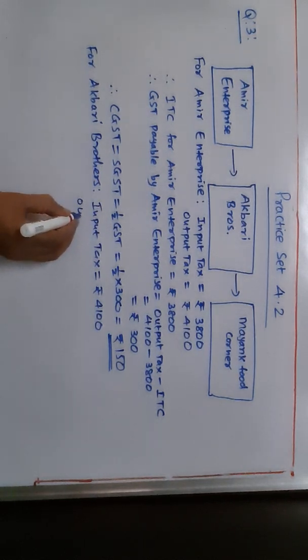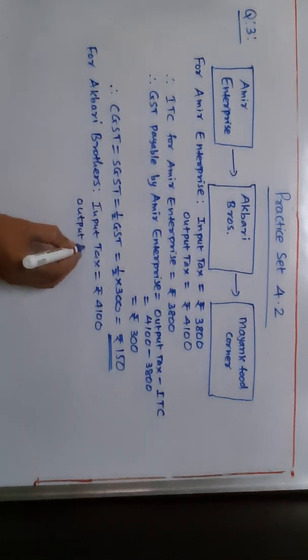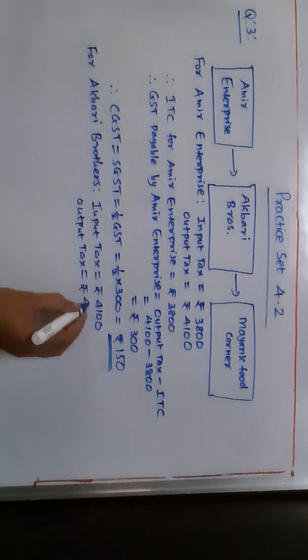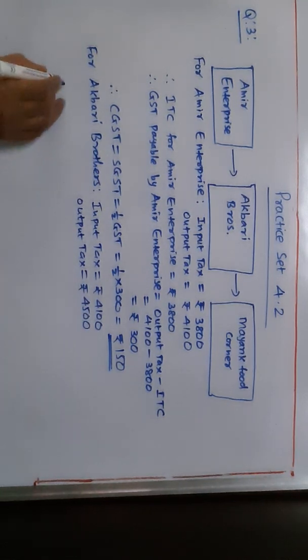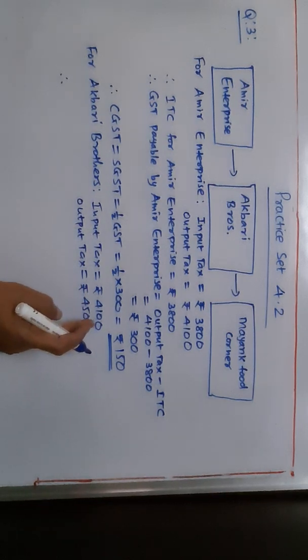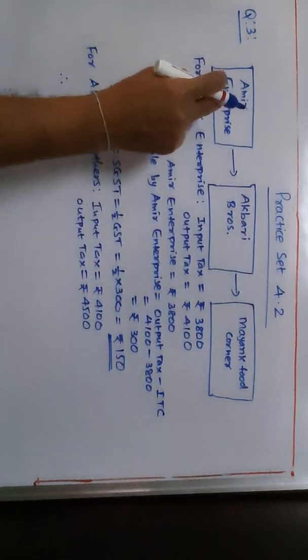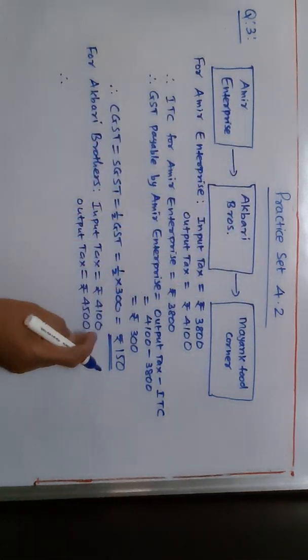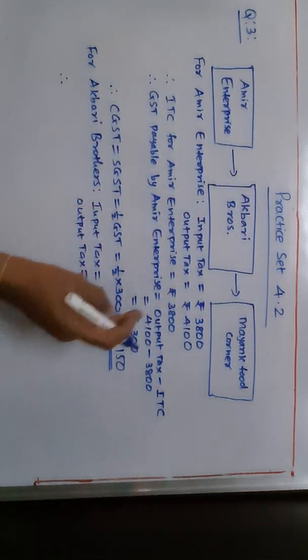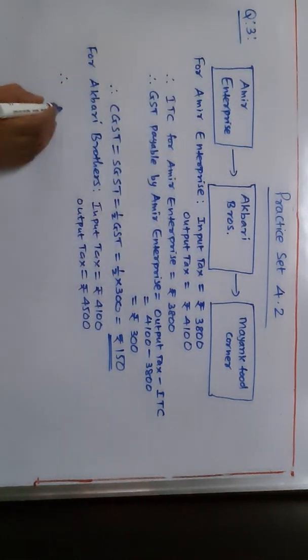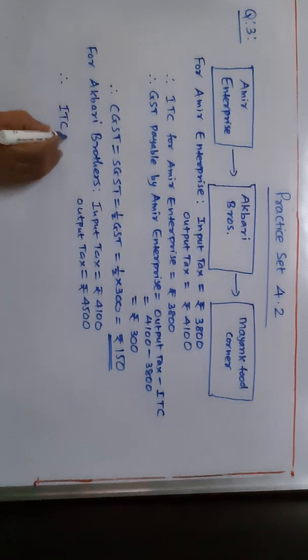So the output tax is the tax collected at the time of sale, and it is rupees 4,500. Akbari Brothers has already paid 4,100 rupees to Amir Enterprise, and that is why this is the credit.